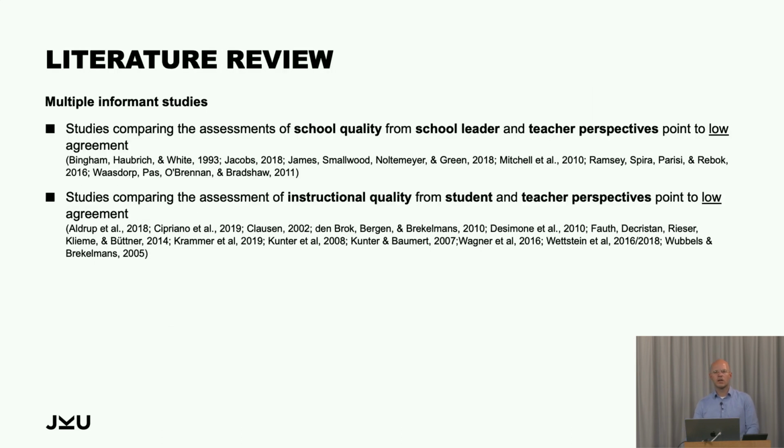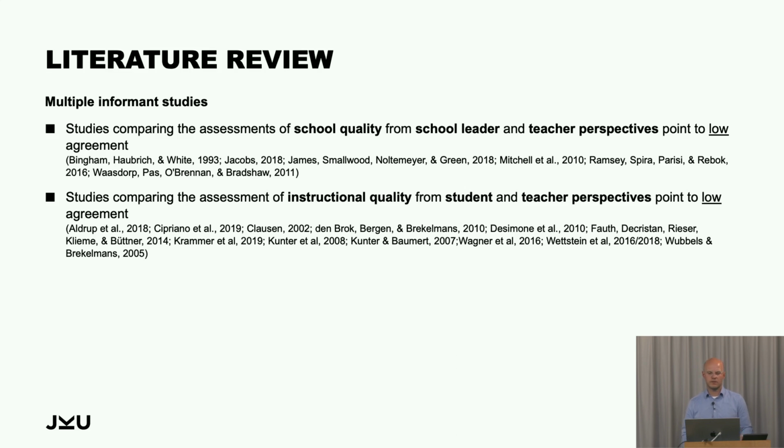When looking at the existing literature and research findings, we can observe that studies comparing evaluations of school quality are scarce. But those existing point to low agreement between school leaders and teachers. In contrast, there are many more studies examining the differences between students' and teachers' evaluations of teaching quality.